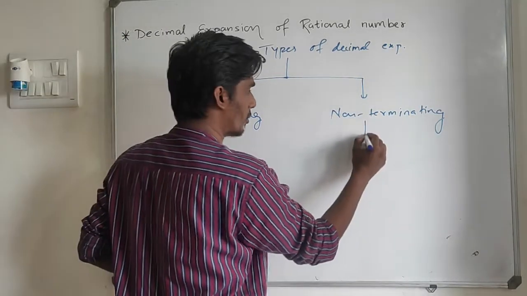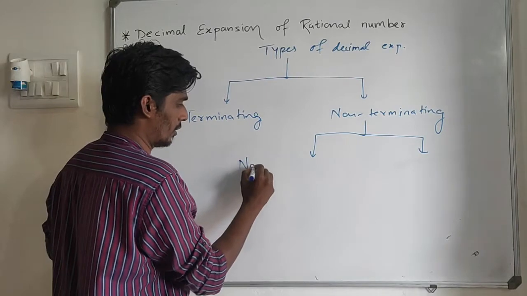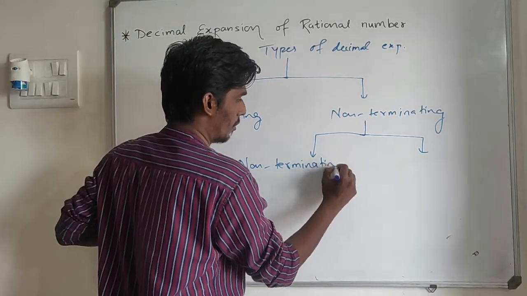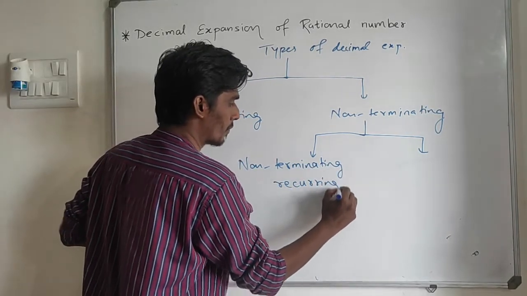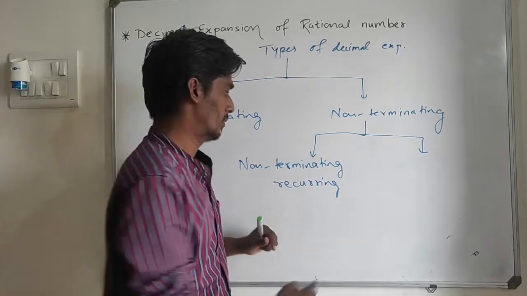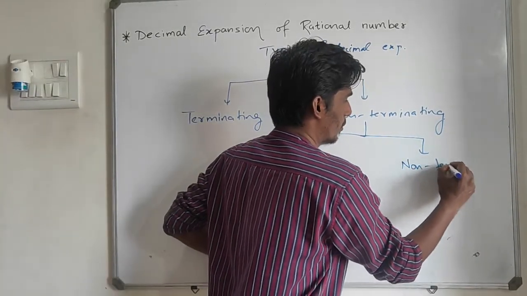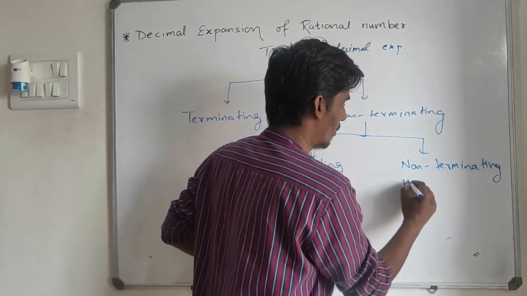And in non-terminating also, the first one is non-terminating, recurring. You can say either recurring or repeating. Non-terminating, recurring, and one more, that is non-terminating, non-recurring.